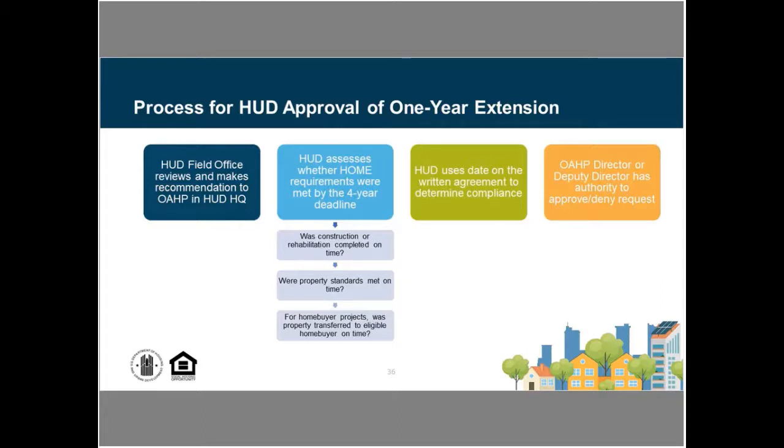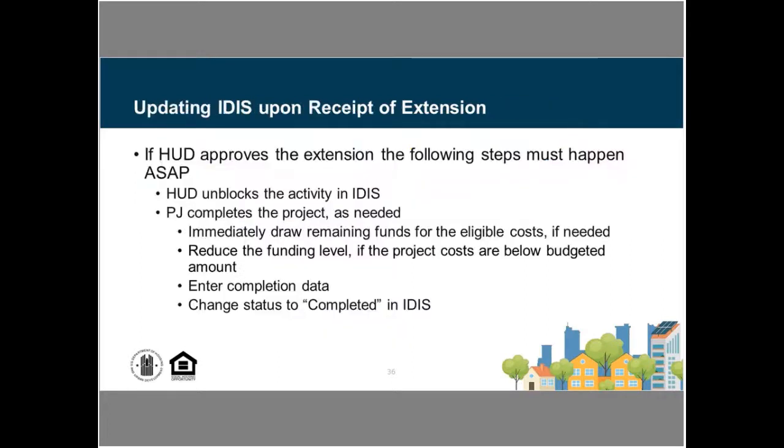So in this case, we simply have to meet that project completion deadline or definition, we need to pay out the last remaining funds. So if this is approved, then HUD would unblock that activity in IDIS, and the PJ would need to complete that project.